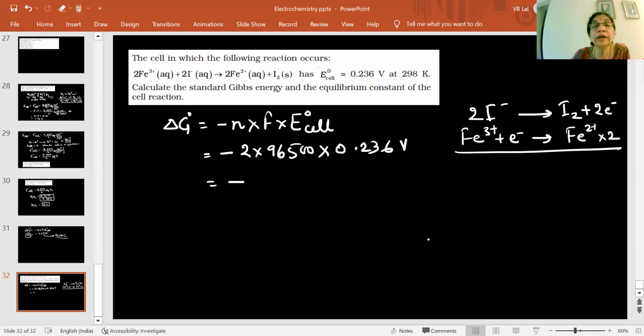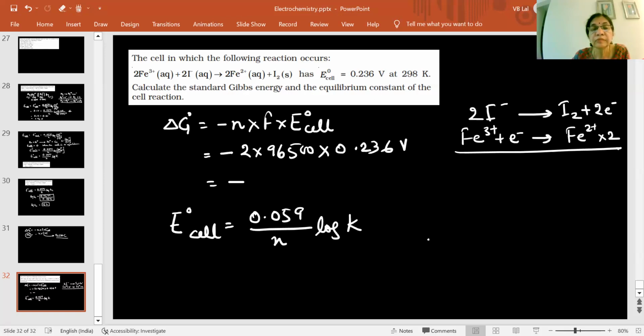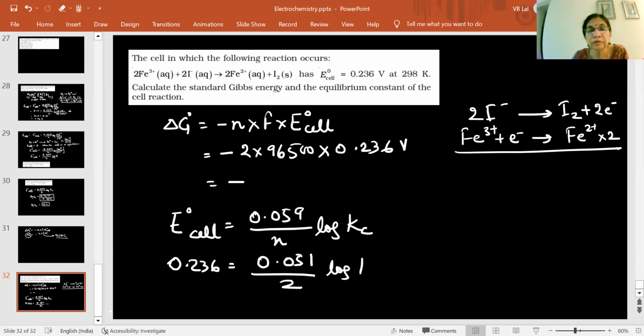And how will you calculate the equilibrium constant? E0 cell is equal to 0.059 by n log Kc. So 0.236 is equal to 0.059 by 2 into log Kc, right?